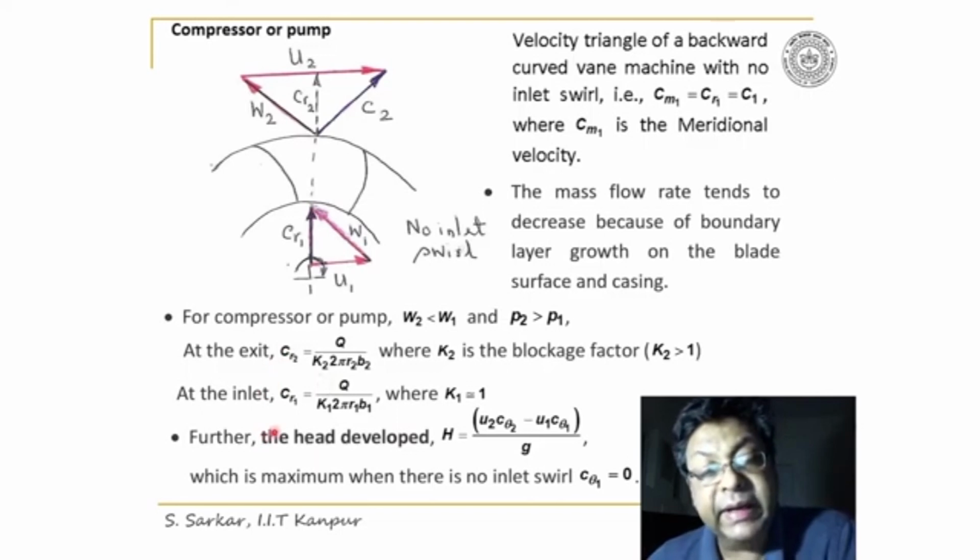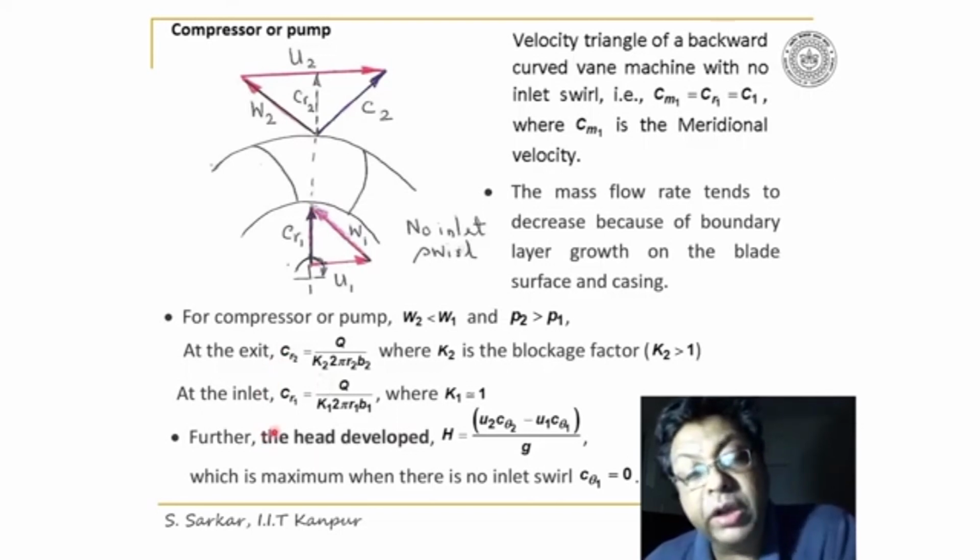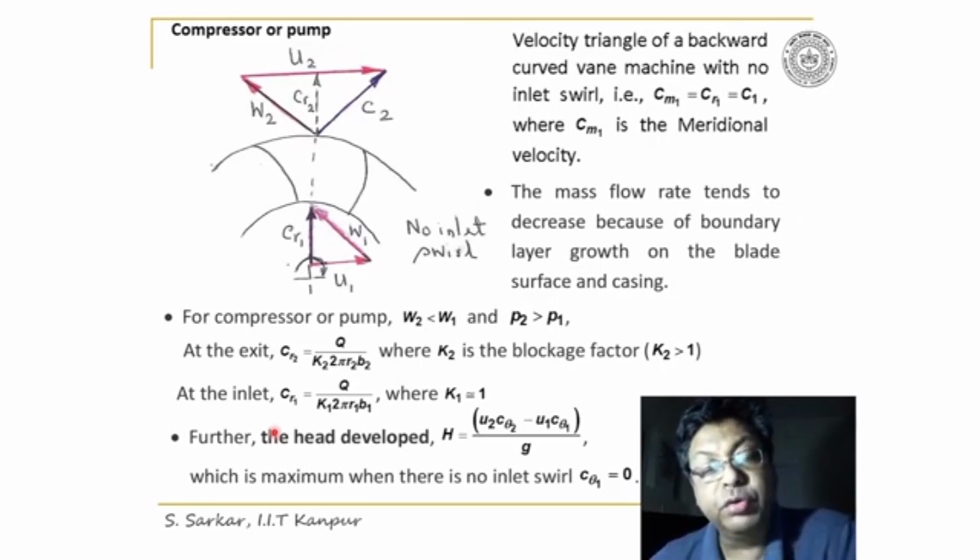And at inlet, you can find out CR1 as Q, the flow rate, divided by K1 into 2 pi R1 into B1. K1 would be approximately equal to 1, since the blockage because of growth of boundary layer at the inlet will be much less compared to the exit.